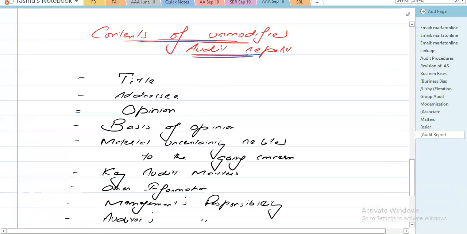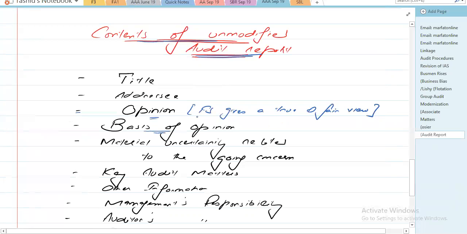That means opinion is where the financial statement gives a true and fair view. Now, after the opinion paragraph, there is going to be the basis of opinion.